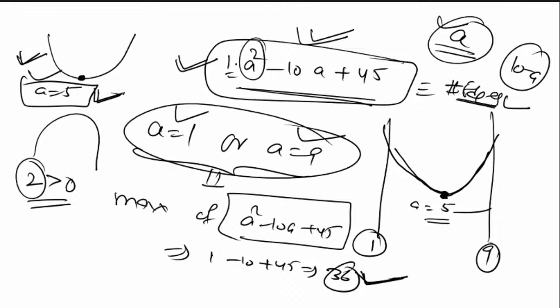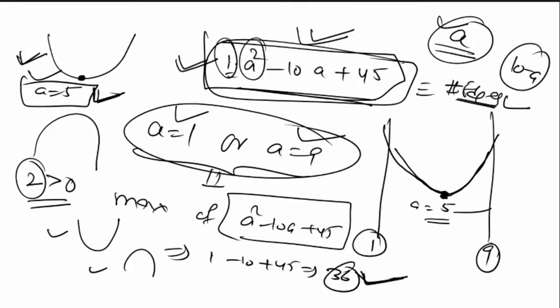Now, because this is a minima and this is a quadratic equation, it always has this type of graph or this type of graph. You can decide which one from the coefficient of a square. The coefficient of a square is positive, so the graph will look like this.